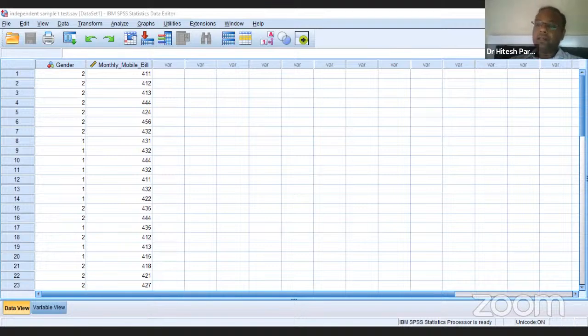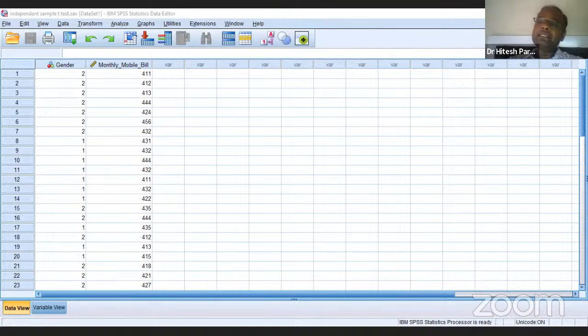Say for example, the outcome of the literature is like that the female respondents are having more monthly mobile bill as compared to male respondents. So this statement is what? It is your research hypothesis that female respondents are having more monthly mobile bill as compared to male respondents.